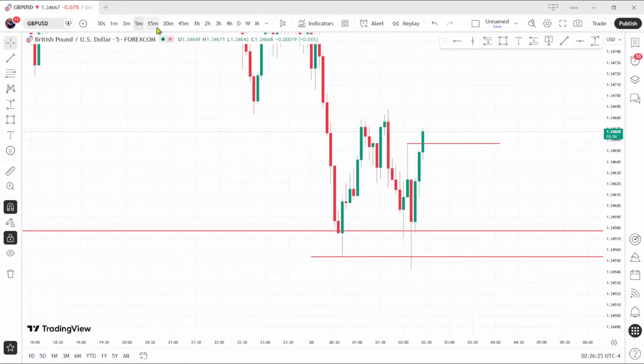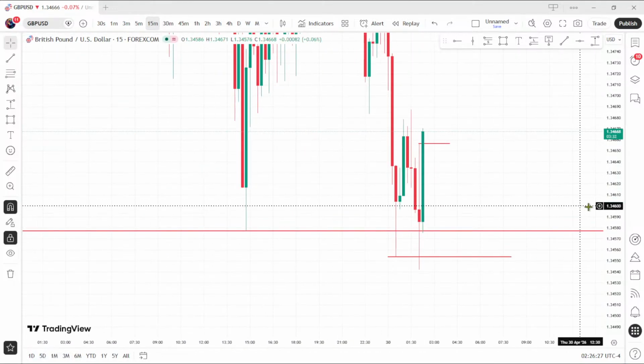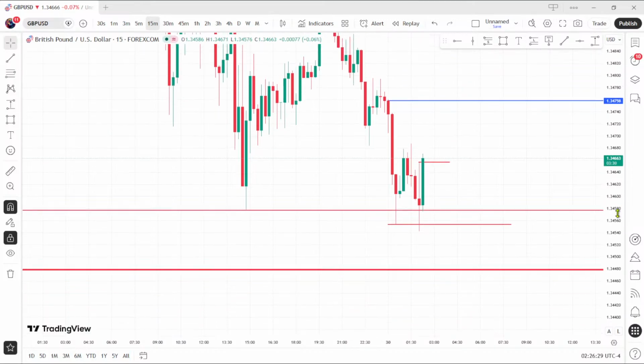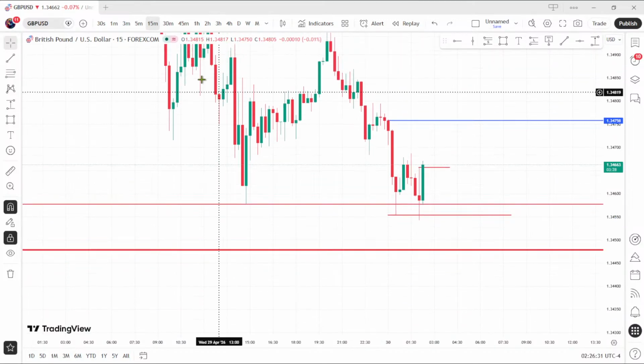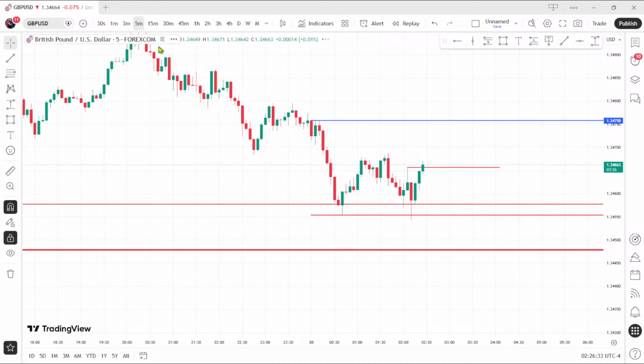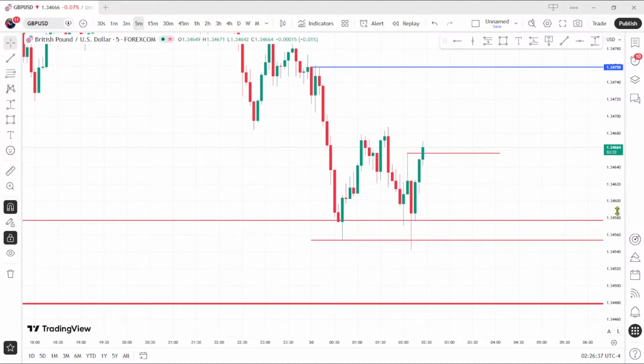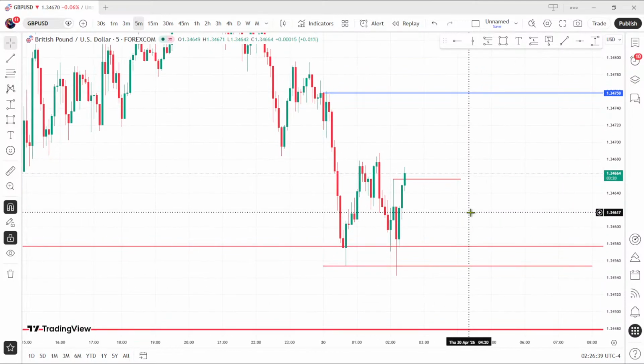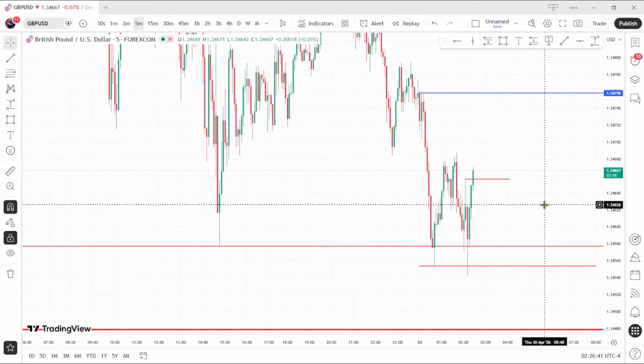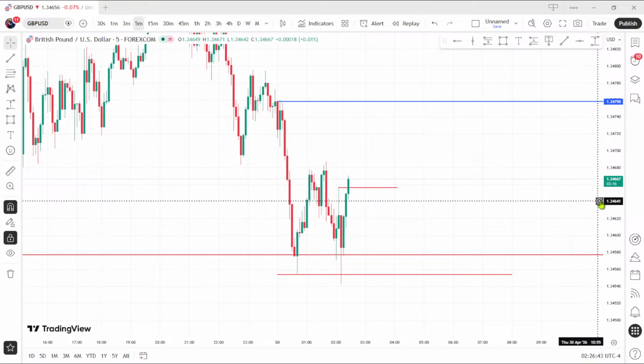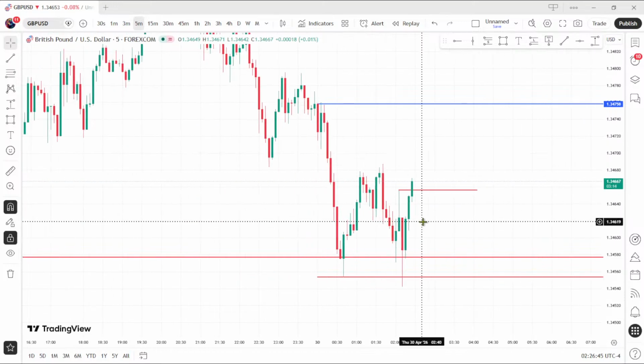Confirmation buying. It's kind of confirming that we are buying it. Now we'll wait. After 3 minutes we see what it has done.